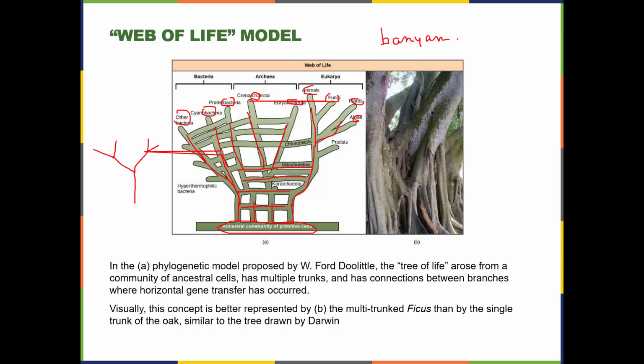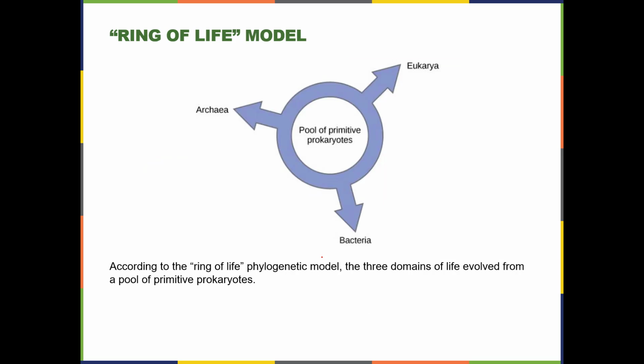I spent some time in Vietnam, so it's a common tree that they have there. B-A-N-Y-A-N. So it's kind of this complicated model. All right, so this is probably correct. It's just a more correct view of how the early interactions probably happened. I wish it was nice and neat, but you know, biology can never be that simple, right?